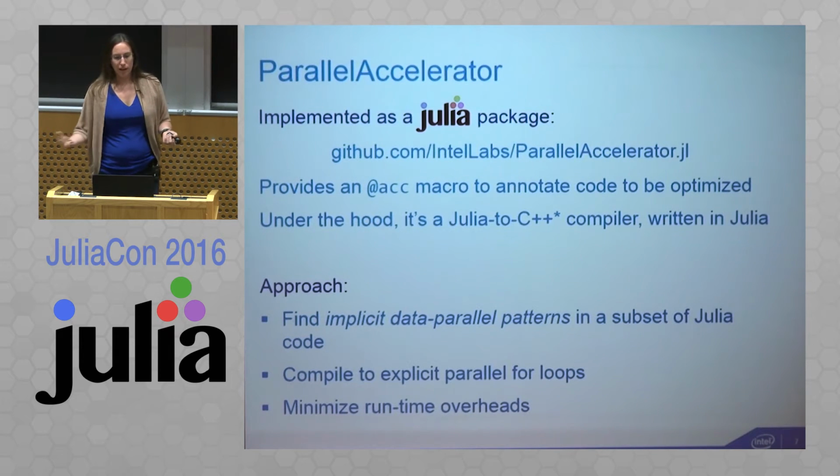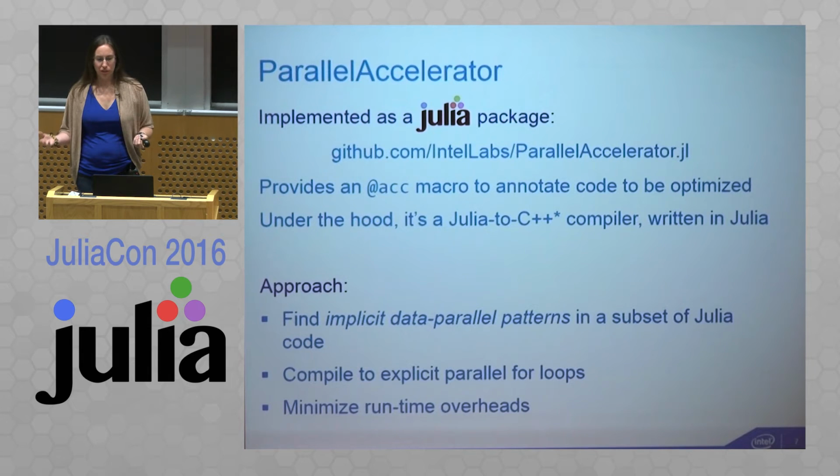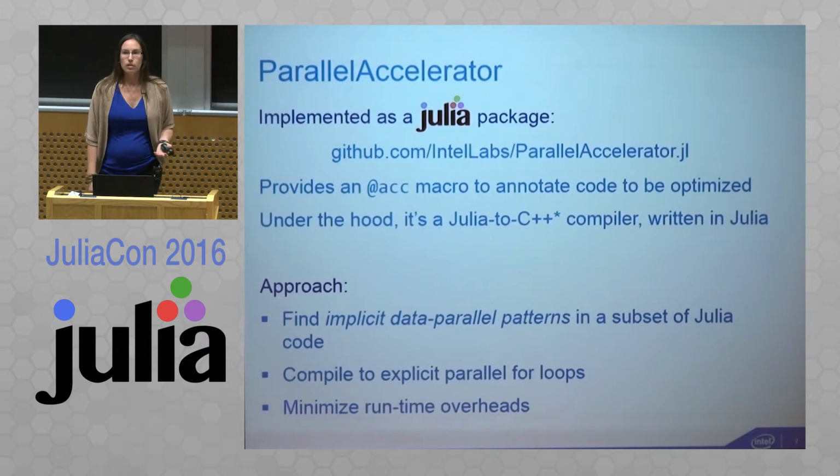So you import our package, and then you can annotate functions with ACC. And doing this lets you designate the parts of your Julia program that you want to compile to optimized parallel native code. So under the hood, the ParallelAccelerator package is a compiler that is itself written in Julia. So what does Julia normally do? Well, it JIT compiles your code to LLVM. And what we do is intercept that process for functions that are annotated with ACC.